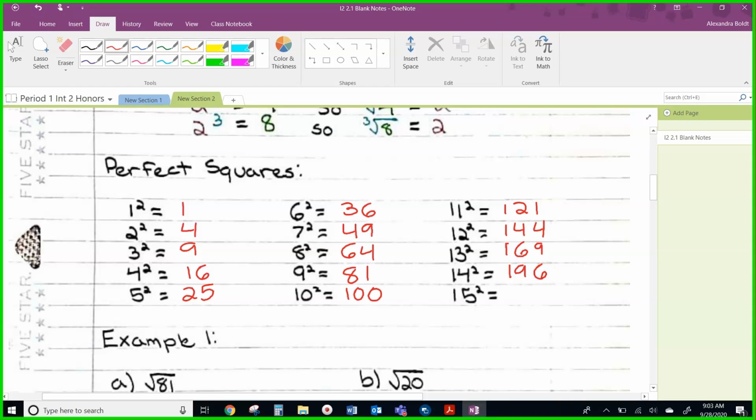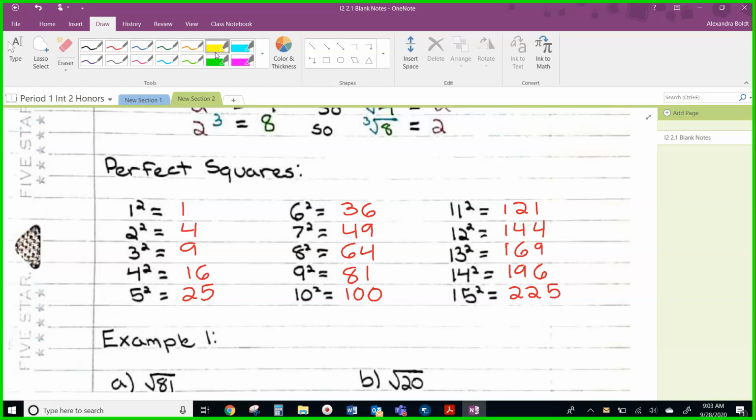And 15 squared is 225. So these are our perfect squares.